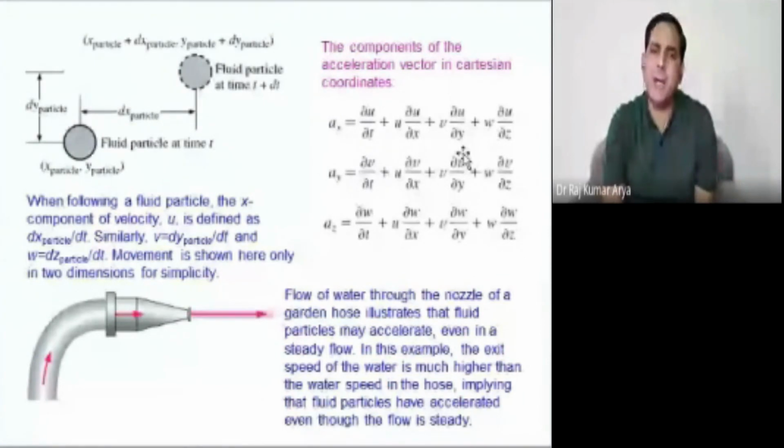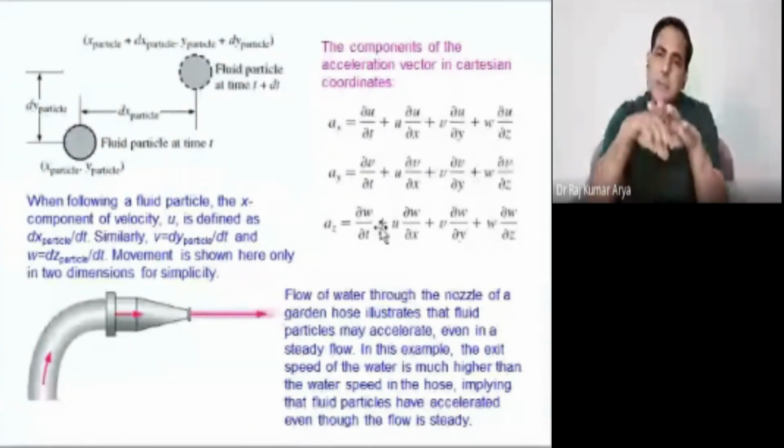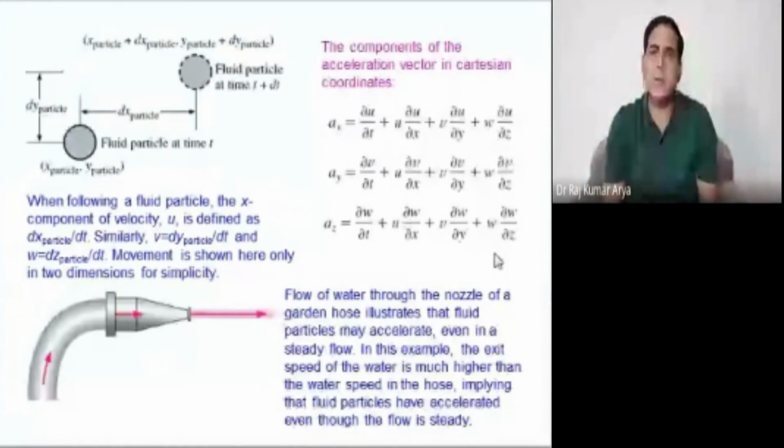So this would give you the x acceleration. Same way for y, V is replaced by small v. Same thing for the z direction, you have w. So these three equations would give you your acceleration in the individual coordinates x, y and z.